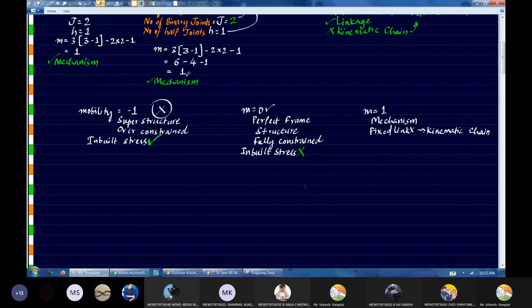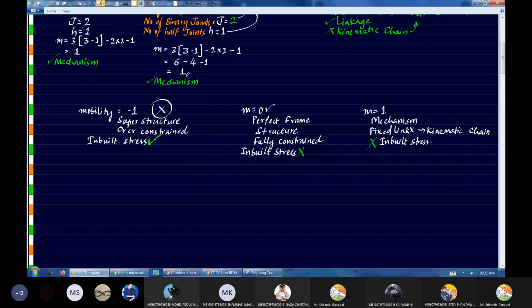A kinematic chain. And do we have inbuilt stress here? No, definitely no inbuilt stress here, right?